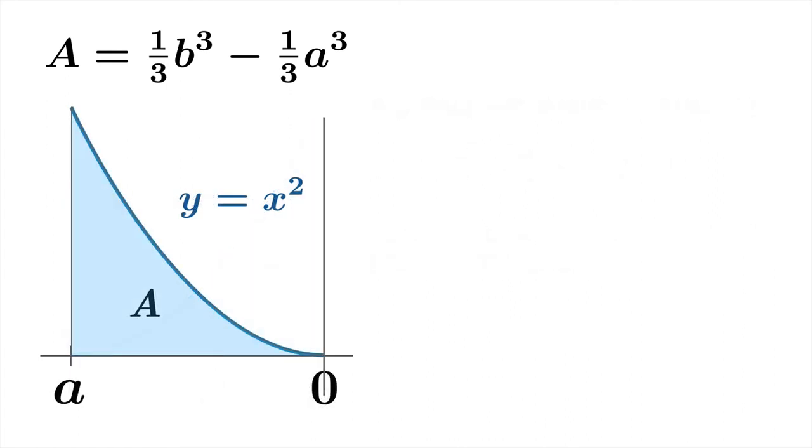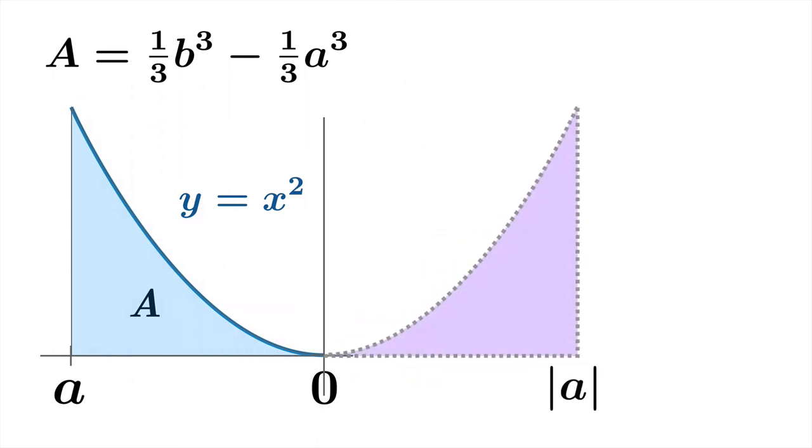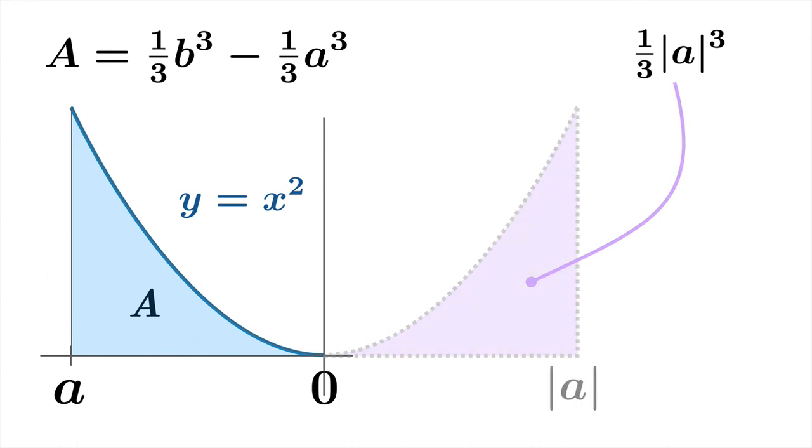So let's just look at this case. Suppose a is negative and we're going to go from a to 0. By symmetry we can flip this piece over, and this argument will be the absolute value of a. And using what we just saw a moment ago, we know that this area should be 1/3 the absolute value of a cubed. And that's going to be the same as the area we're looking for.